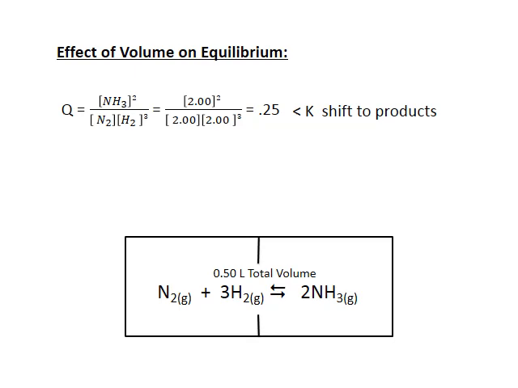Probably an easier way of looking at this is to count reactant moles and product moles. The coefficient on nitrogen is 1, on hydrogen is 3, and on ammonia is 2.